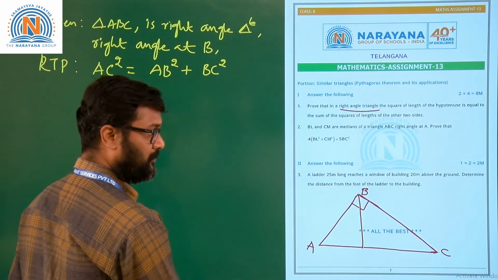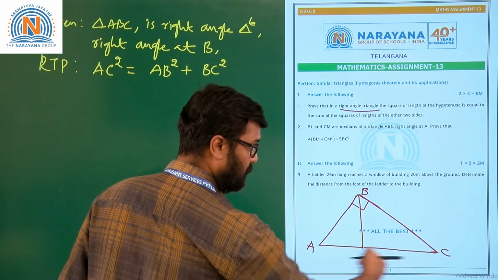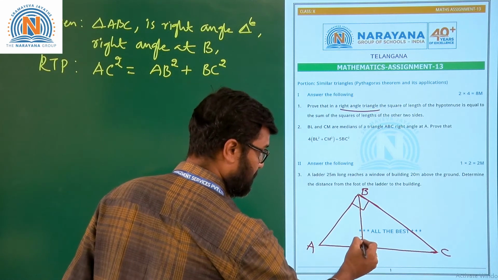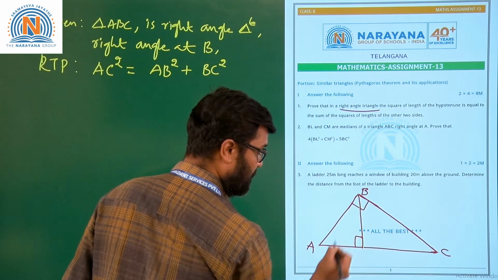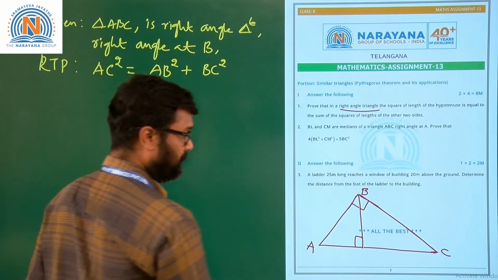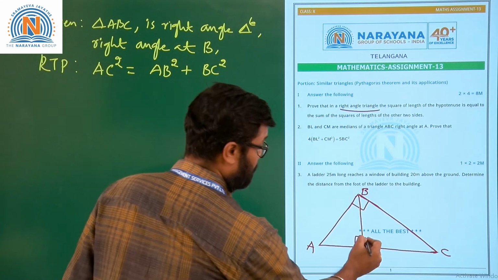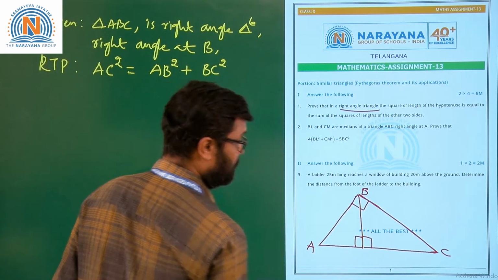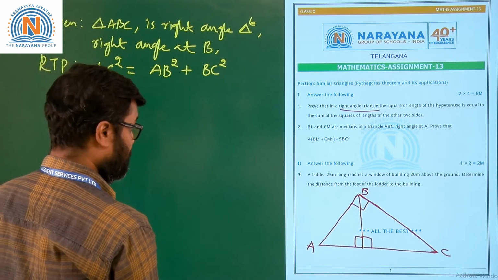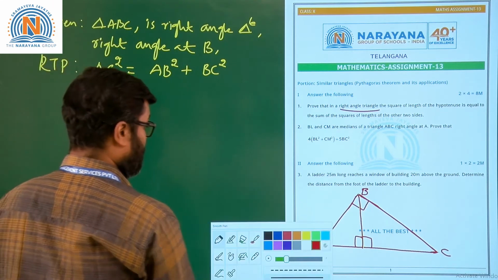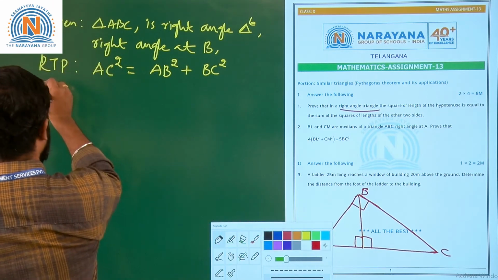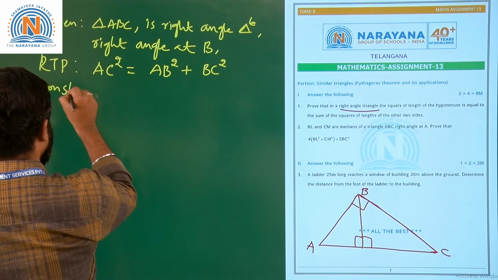So let's drop one perpendicular line to the hypotenuse AC. This will be 90 degrees, and this is also 90 degrees. So this is the construction we did. Let's write what construction we did.